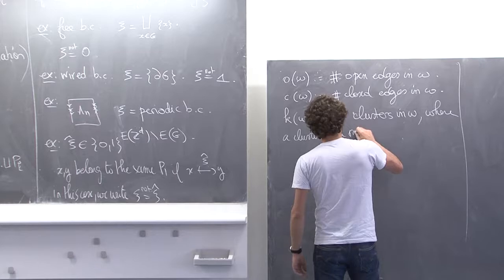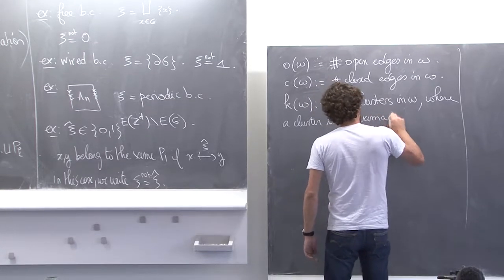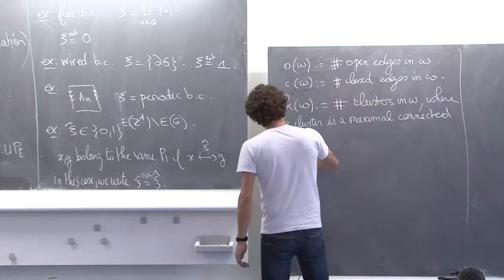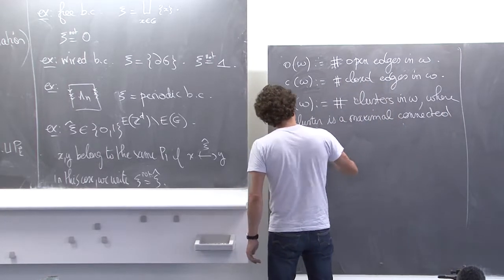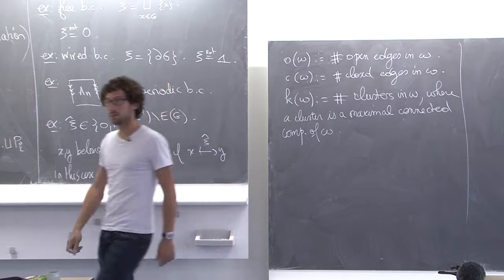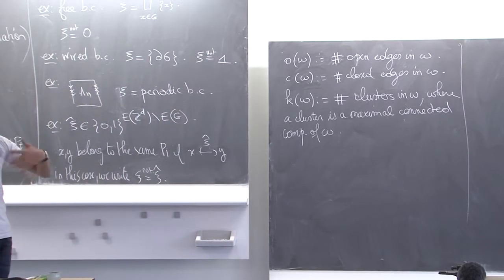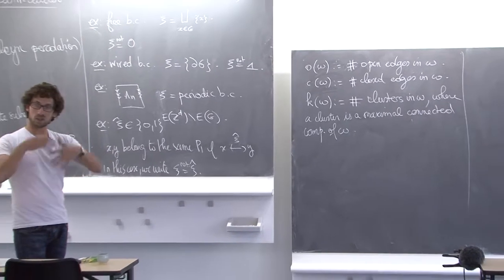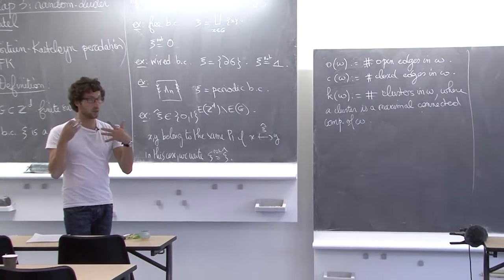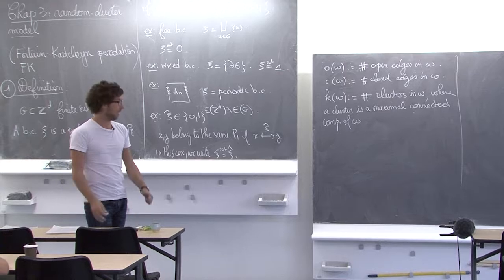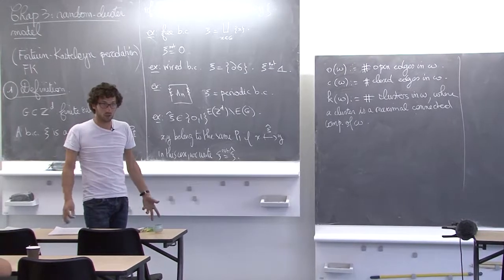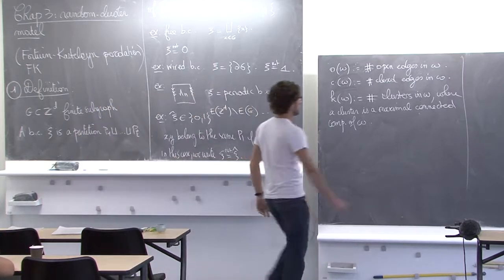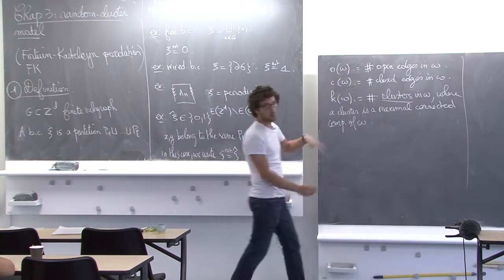No, maybe not. It is a maximal connected component of omega. Okay? So remember that the percolation configuration can be seen as a subgraph of G by taking the same set of vertices and open edges as a set of edges. So it has some connected components, maximal connected components. I call them clusters. Okay? So here I'm just counting the number of clusters in omega.